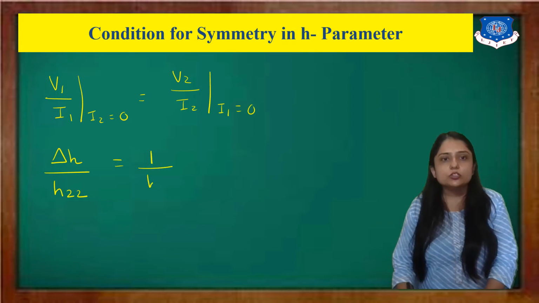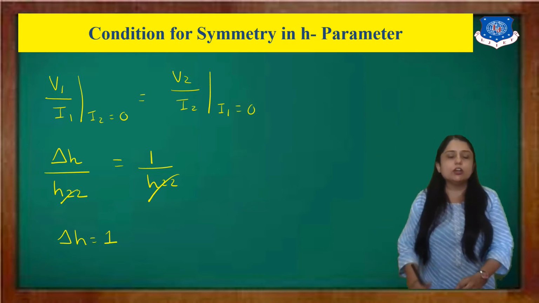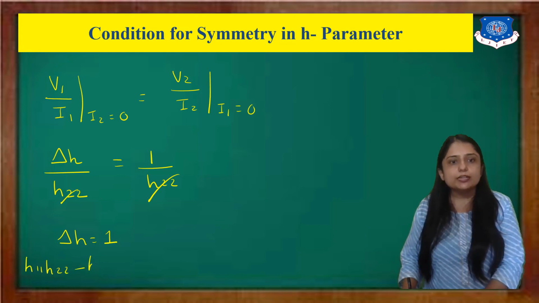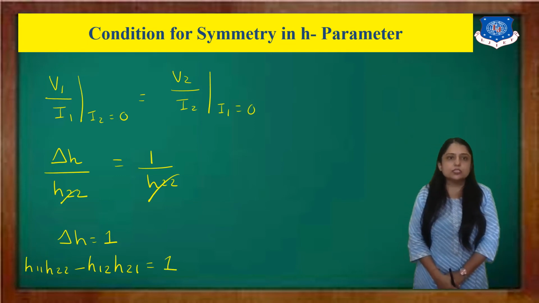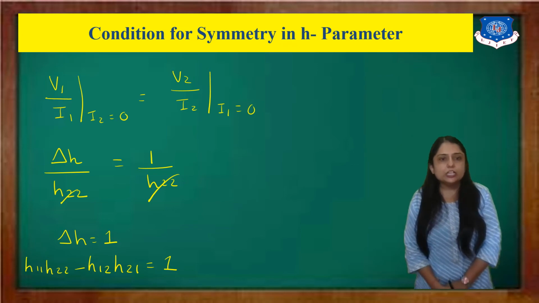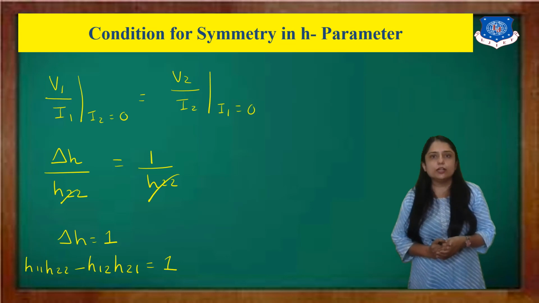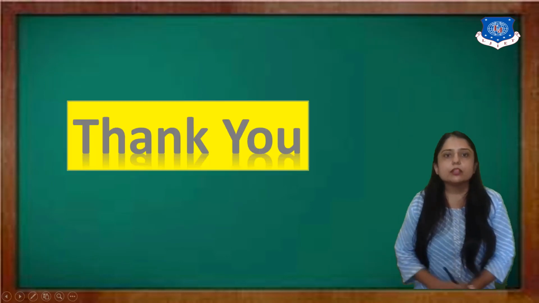So H22 is cancelled. So the condition is delta H that equal to 1. And what is delta H? That is H11 H22 minus H12 H21 that equal to 1. So the condition for the symmetrical network in a H parameter is delta H that equal to 1. So I hope this theory is clear. Thank you.